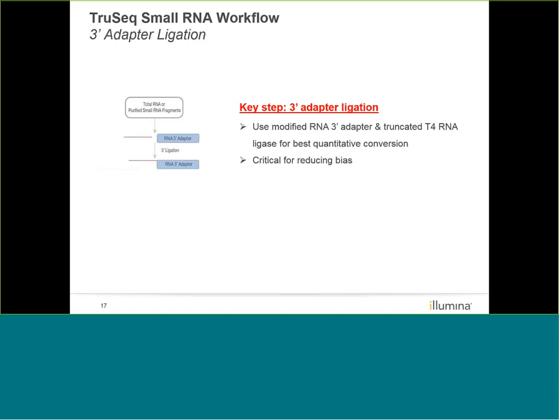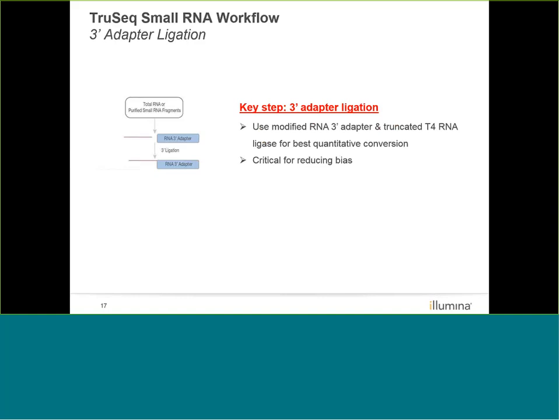And how did we do that? We do that by using a modified 3' adapter as well as using truncated T4 RNA ligase. This ensures when the ligation happens, the reaction only goes one way. That is, the 3' adapter ligates to the 3' end of the small RNA.